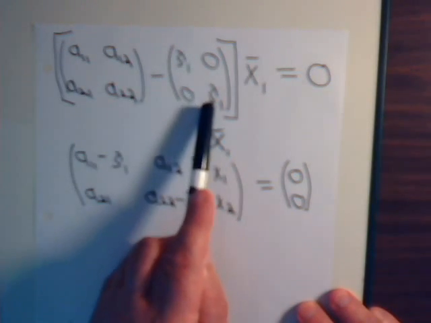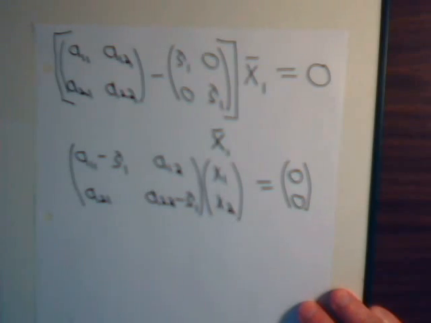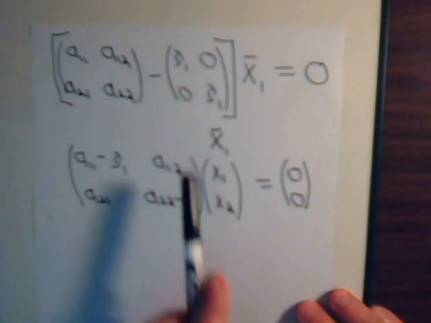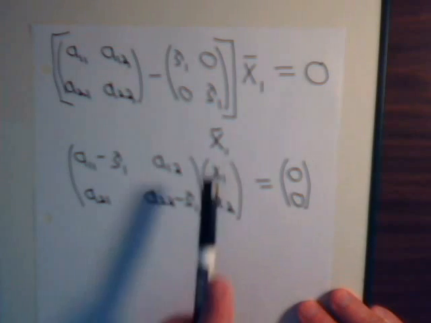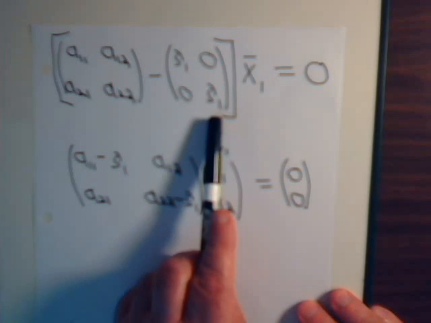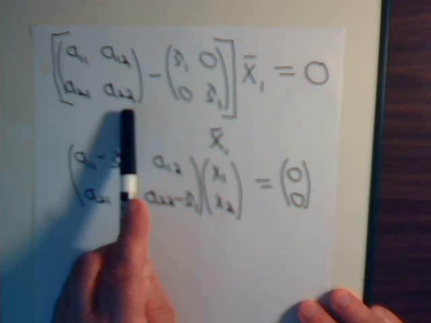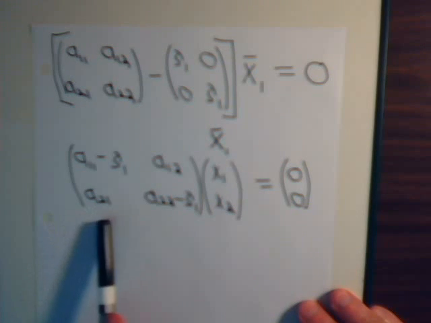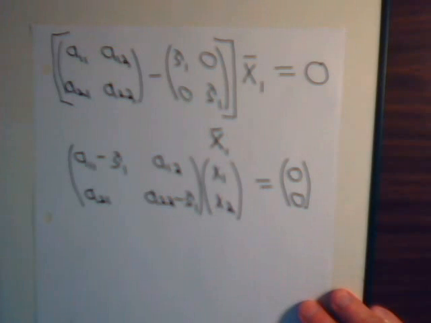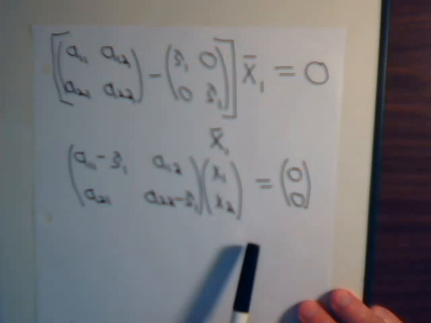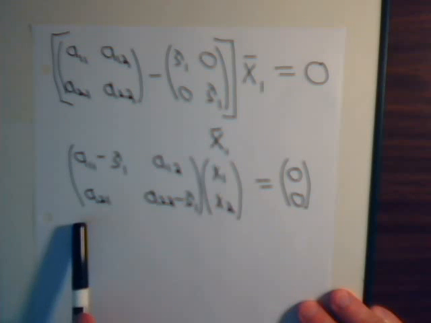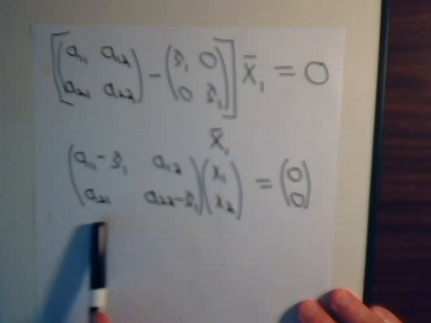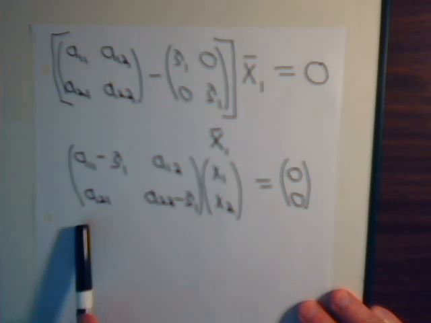Here's lambda 1 times I, and we do the subtraction. So we have this subtracted off from this component, and this subtracted off from this component, leaving us with this equation. Now, if this is to have a non-trivial solution, our matrix here must be singular.